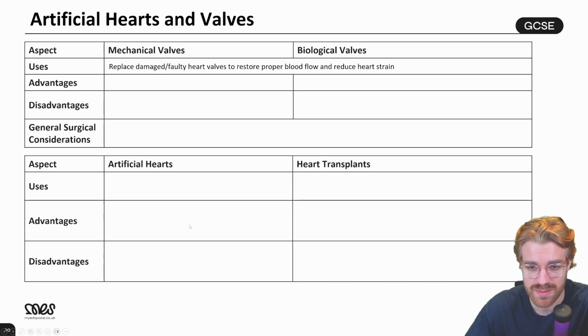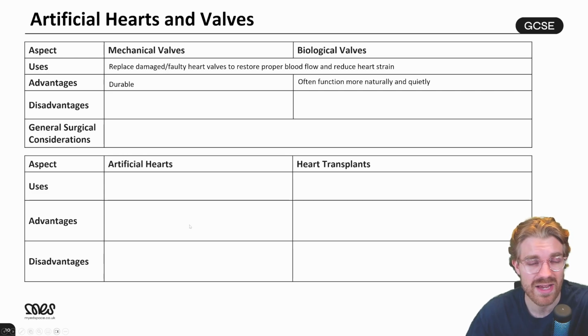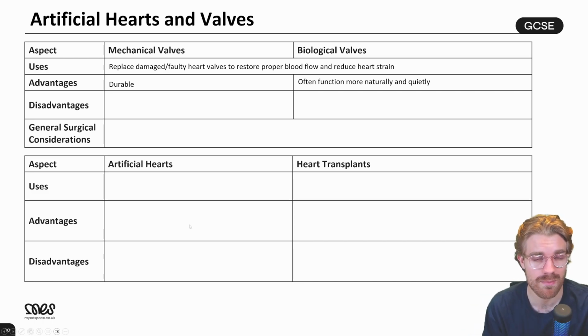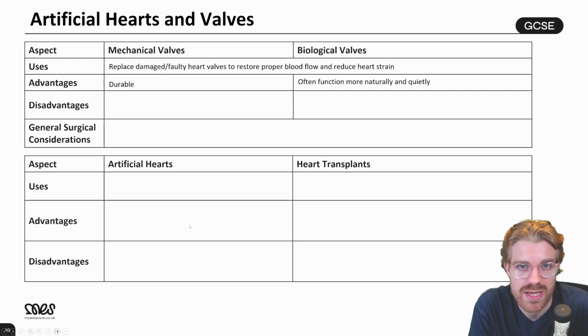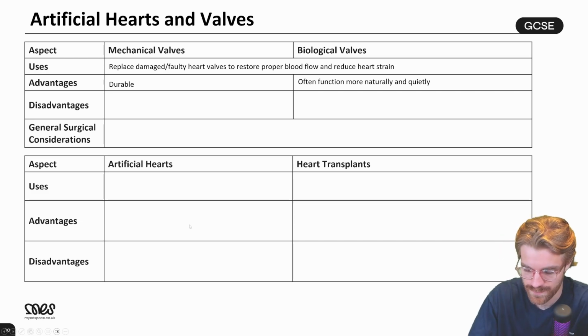The advantages of both of these are that the mechanical valves are very durable. They are going to last a very long time. And the biological valves, because they have come from perhaps pig tissue or from a heart donor, are going to function more naturally and they're also going to be quieter.